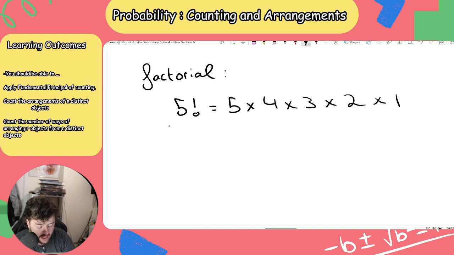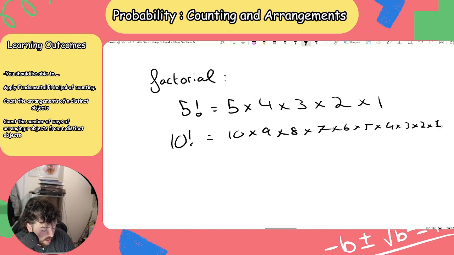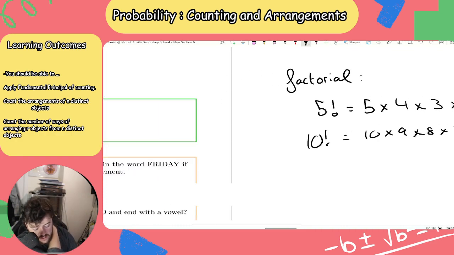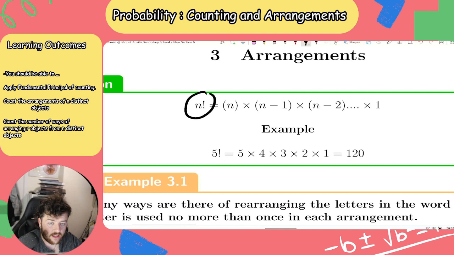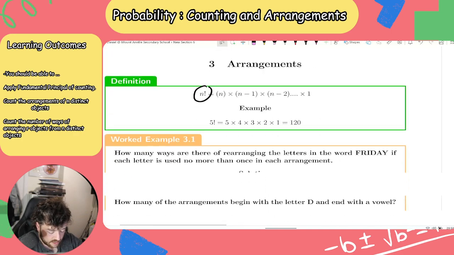If I have 10 factorial, that's 10 times 9 times 8 times 7 times 6 times 5 times 4 times 3 times 2 times 1. So you're multiplying every number less than it together, all the way down to 1. So n factorial is equal to n times n minus 1 times n minus 2, down to 1. That's going to be important for arrangements.